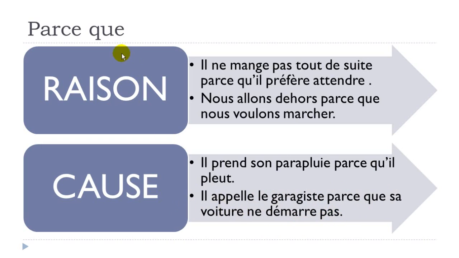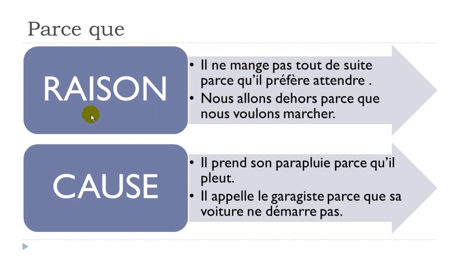So you can see the two main ways of using this parce que. The first one, the reason. In that case, it's something that refers to the person. He doesn't eat because he prefers to wait, and we go outside because we want to walk.